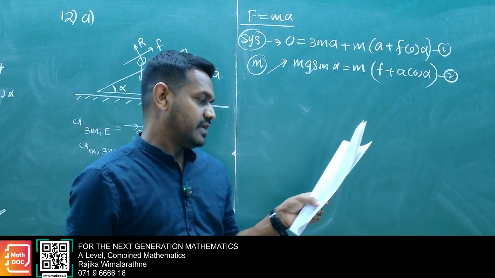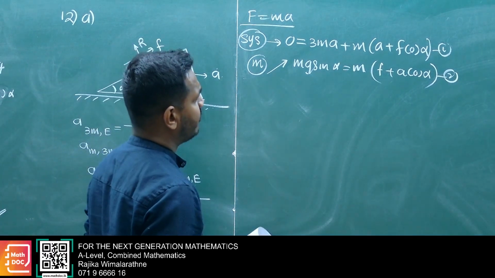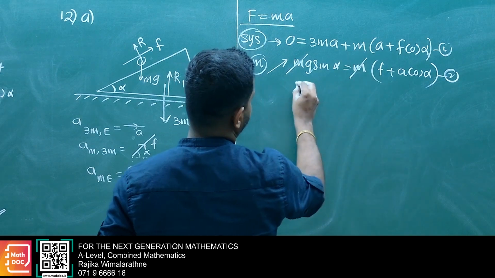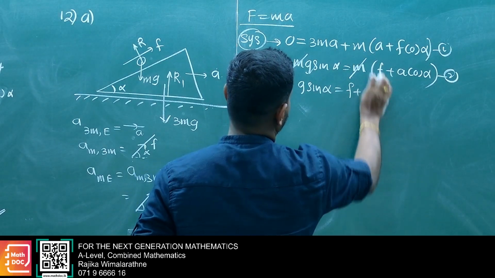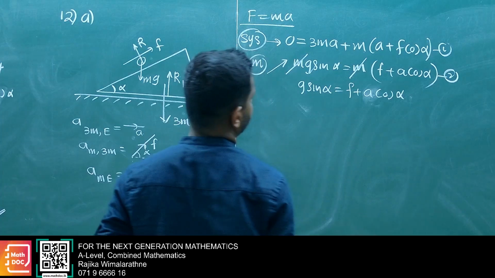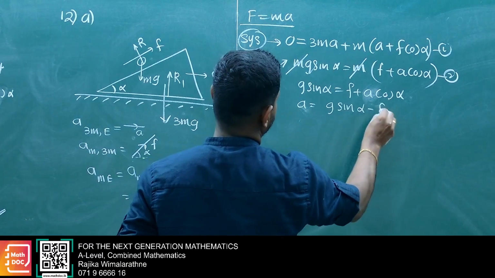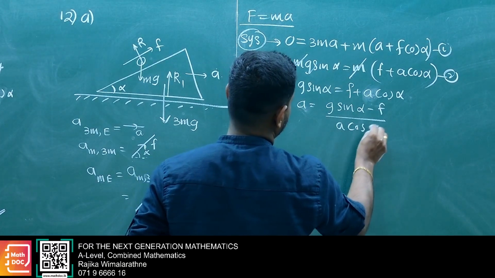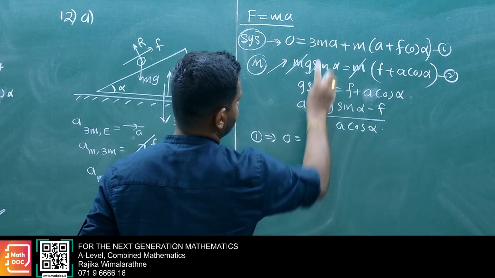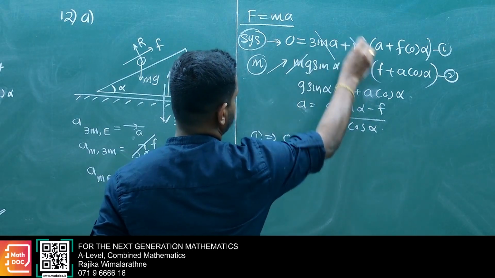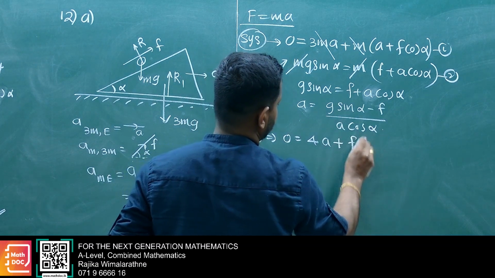Now simplify. We need f. Cancel m: g sin alpha equals f plus a cos alpha. Then a equals g sin alpha minus f, divided by cos alpha. Then substitute in equation 1: 0 equals 3ma plus m(a plus f cos alpha), cancel m, here 4a plus f cos alpha.